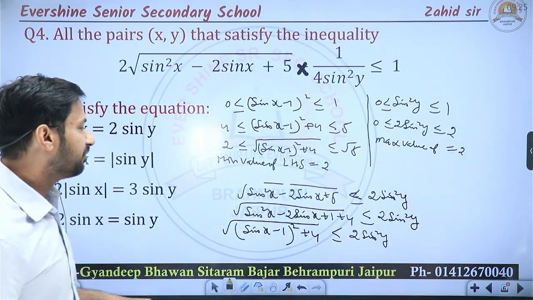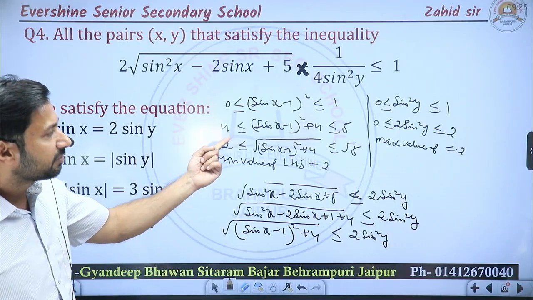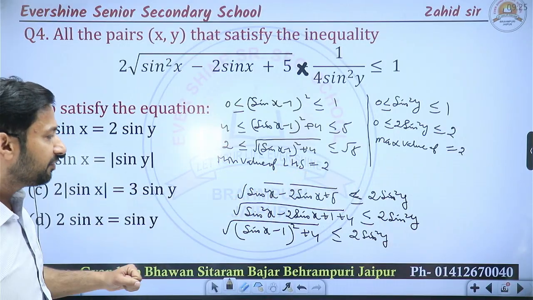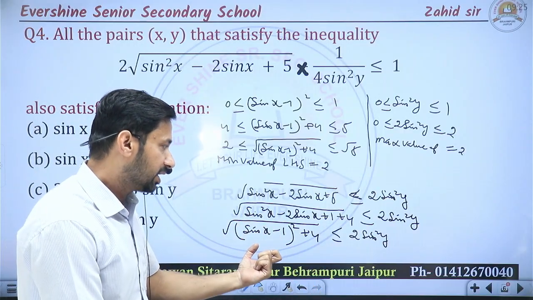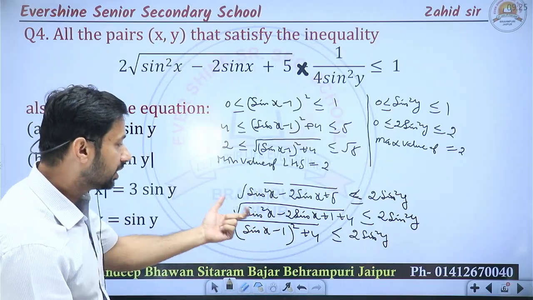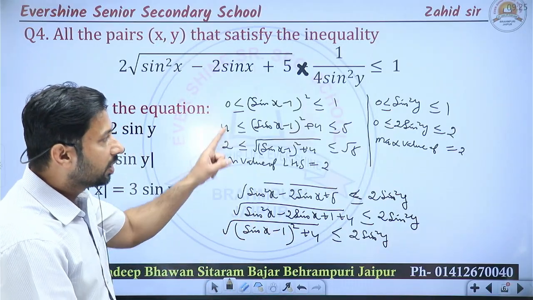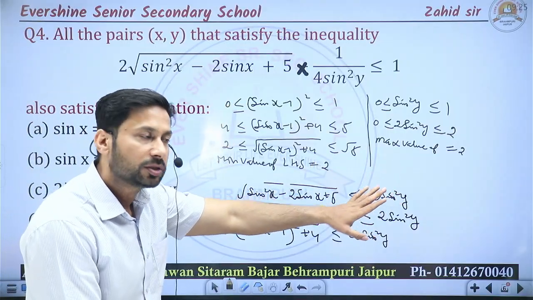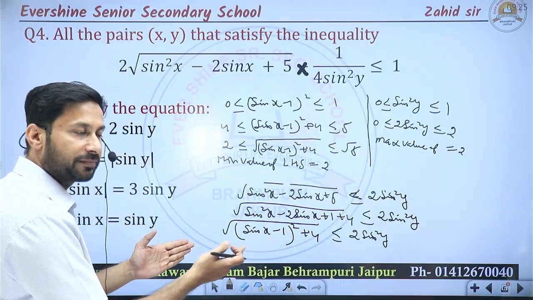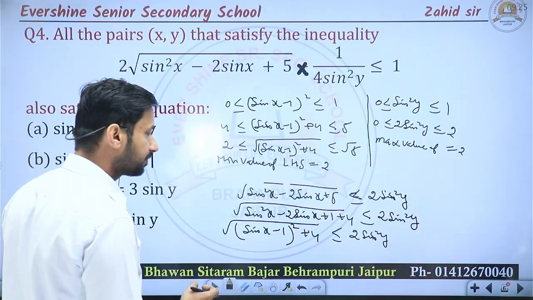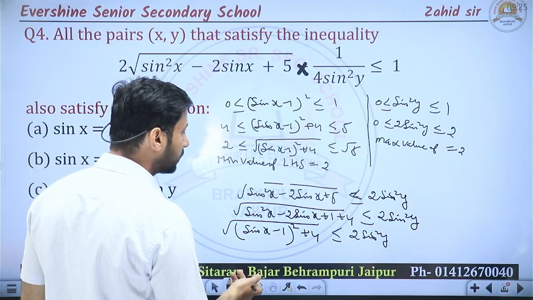Now beta, the minimum value of LHS is 2 and the maximum value of RHS is 2. So we are having the inequality, less than equal to. So there is only a single condition in which they both are equal, because LHS has a minimum value 2 and RHS has a maximum value 2. So only the case is possible in which these two are equal. Okay. So I can put them equal to 2.